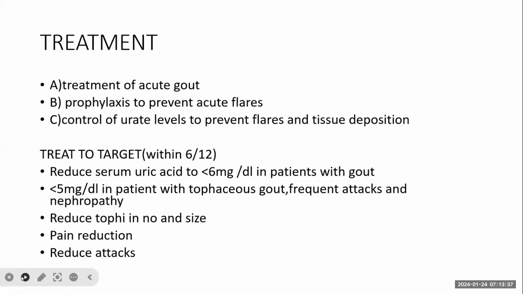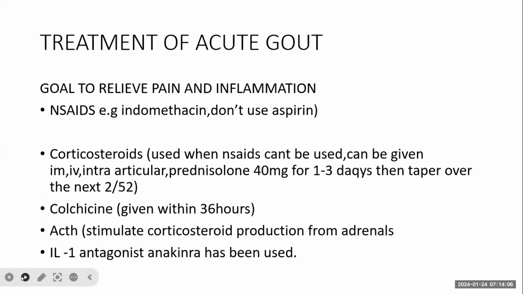Our aim is to reduce the serum uric acid level to less than 6 milligrams per dL in patients with just plain gout, and less than 5 milligrams per dL in patients with tophaceous gout or frequent attacks, or patients with nephropathy. We also have to reduce the tophi number and size, reduce pain, and reduce attacks.